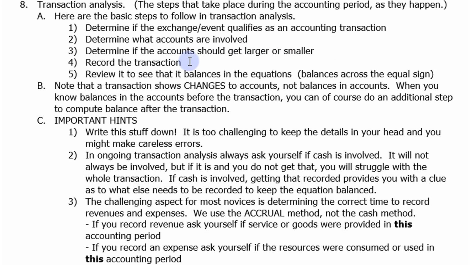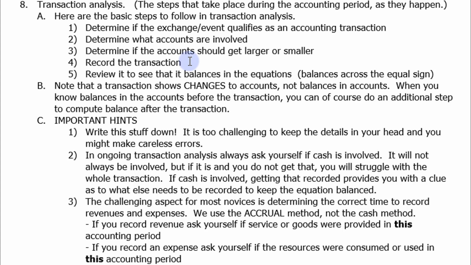We'll record the transactions very simply under A equals L plus E, and I recommend you always write that out. It's really simple and really frustrating to make careless mistakes when you're doing accounting. And a lot of times, a transaction you're recording now might depend on a transaction you recorded earlier.